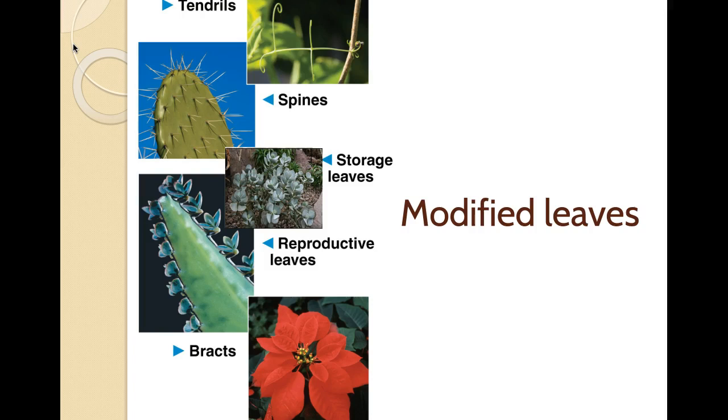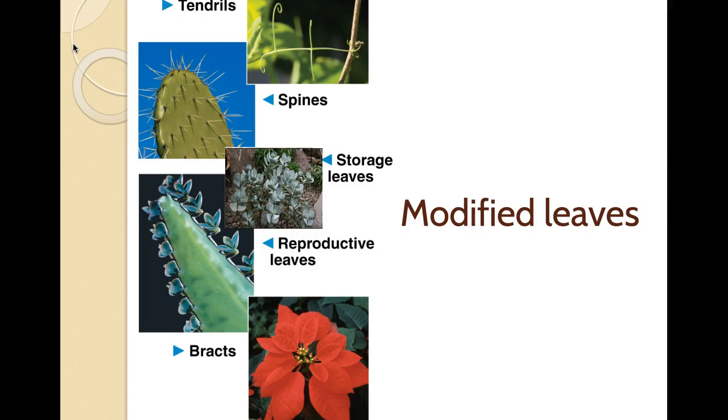Sometimes it tries to kill plants that are next to it by choking them with those tendrils. And you can see the pictures of all of these to the left. So tendrils are at the top. Another type is a spine, and spines are things that we always think of being on cactuses or cacti. Spines are actually a modified leaf.